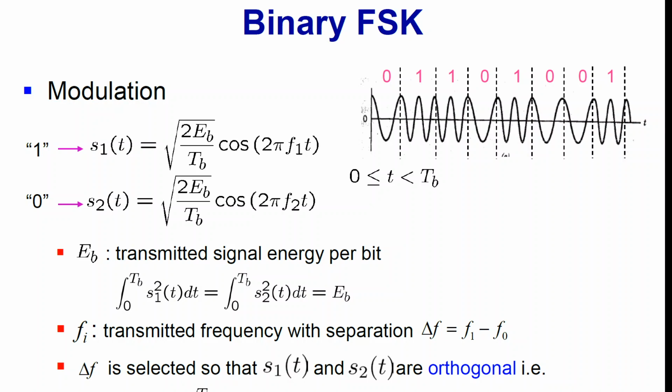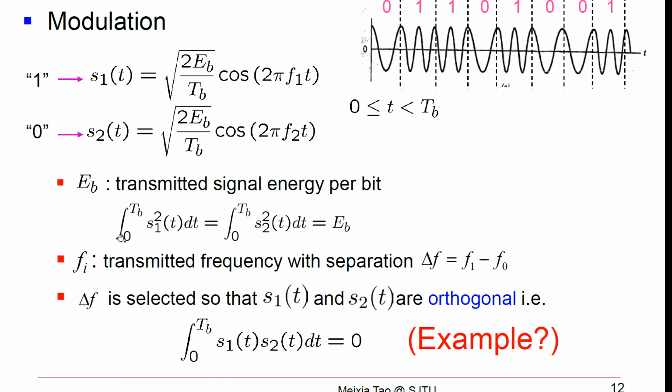Since we are using some basis functions, there is a requirement that the basis functions should be orthogonal. That is, the integral from 0 to TB of S1 of t into S2 of t dt equals 0. So we will select two frequencies F1 and F2 in such a way that S1 of t and S2 of t are orthogonal to each other.